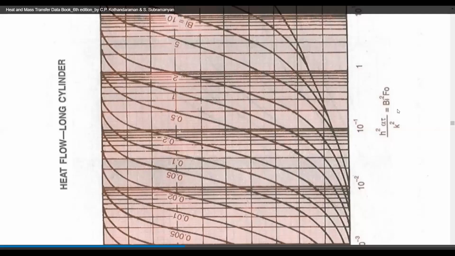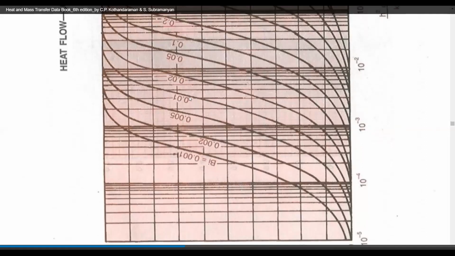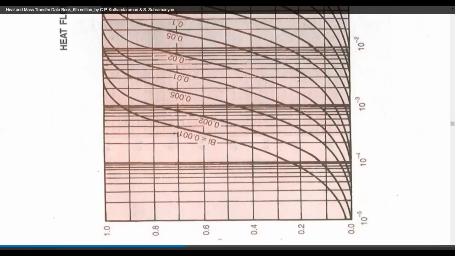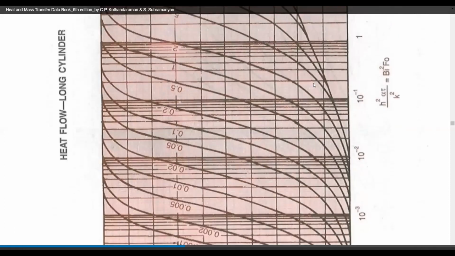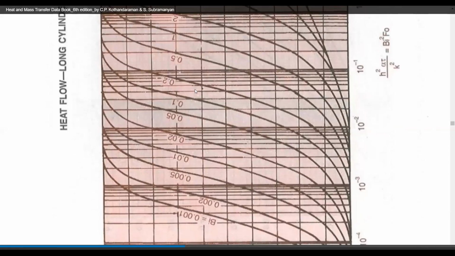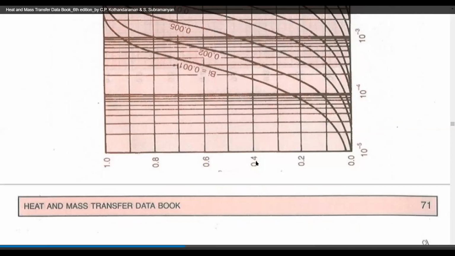Okay, now here the horizontal axis represents the Biot number square into Fourier number, and these curves represent the Biot number. Now where the product of Biot number square into Fourier number and Biot number intersects, from that point you have to take a horizontal line till it cuts the vertical axis.